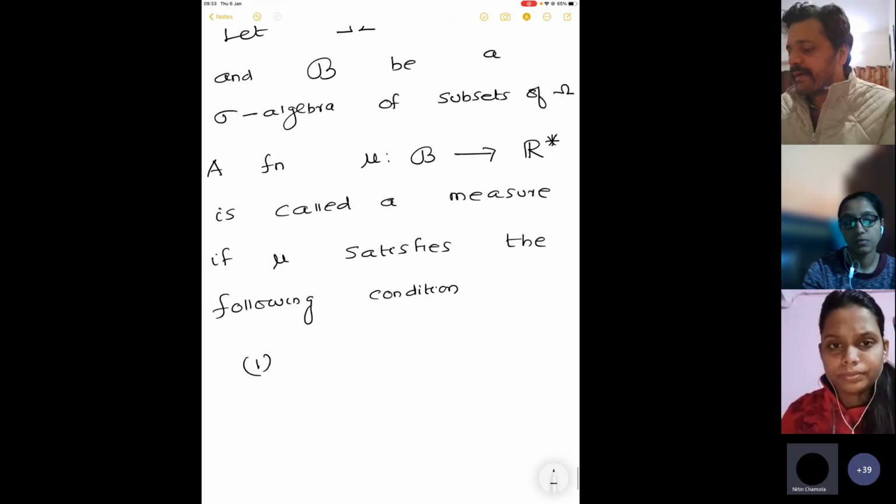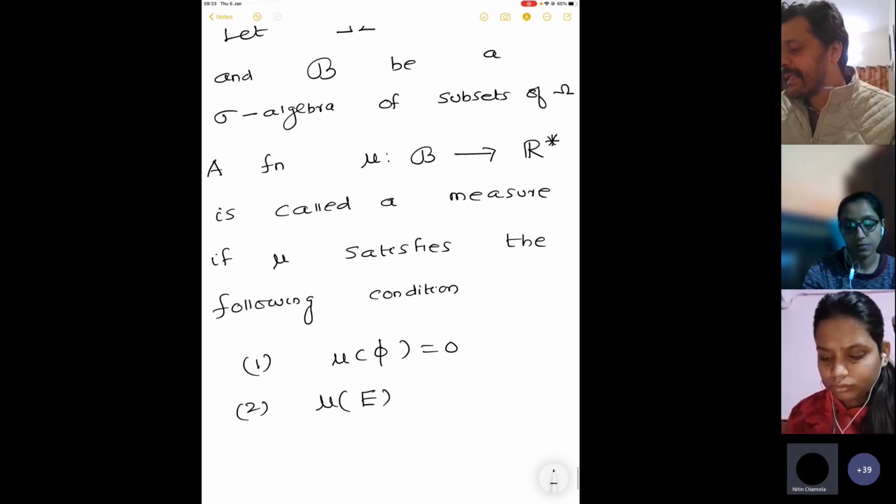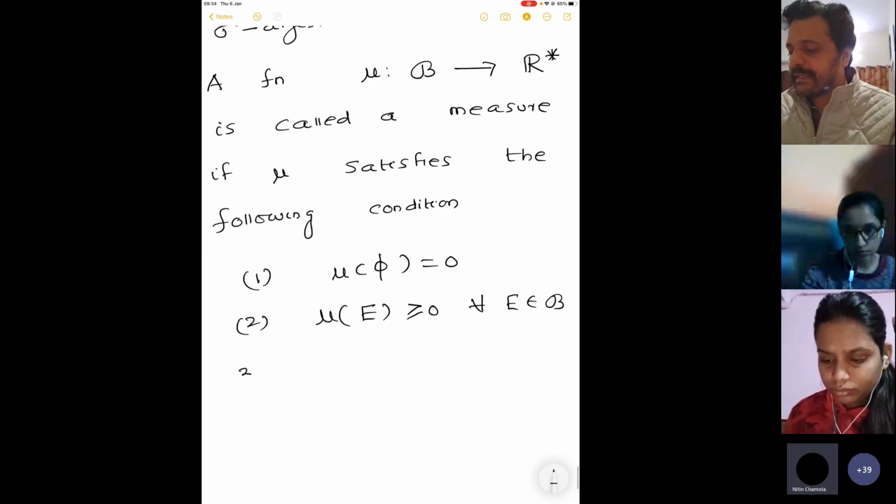1. Mu of null set is equal to 0. 2. Mu of E is greater than or equal to 0 for every E in B. And 3.